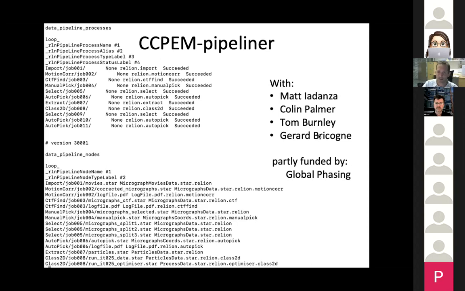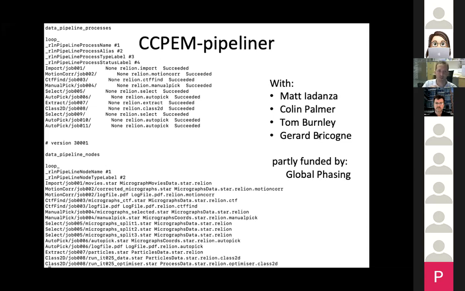So Matt and Colin have been working hard to implement job types for all kinds of different things as well. And the idea is that CCPEM will really become what it's intended to be, a collaborative computing project, as a kind of software marketplace with a single GUI, which you can run all kinds of different academic software from.